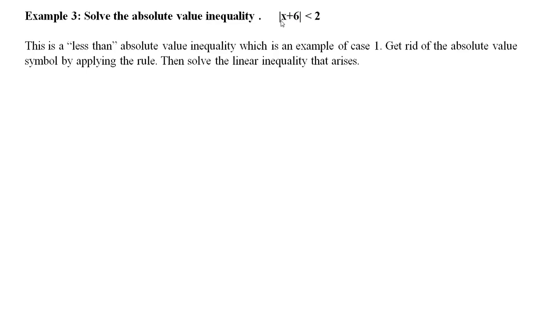If x plus 6 is a positive number, how can we express it? Or if x plus 6 is a negative number, how can we express it in number form? So there are two possibilities. If the number is positive or if the number is negative, what will be the value of x for these two conditions?